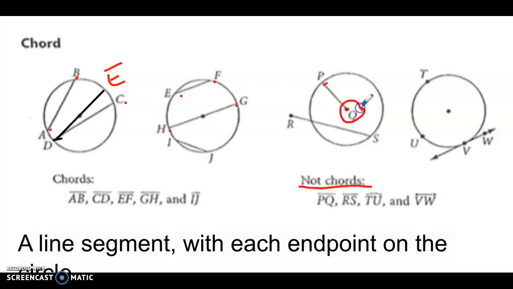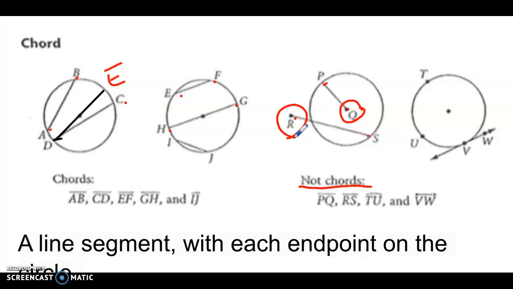Point Q is not on the circle. The endpoint is not on the circle, so that's why it's not a chord. And segment SR. Point R is not on the circle. That's why it's not a chord.